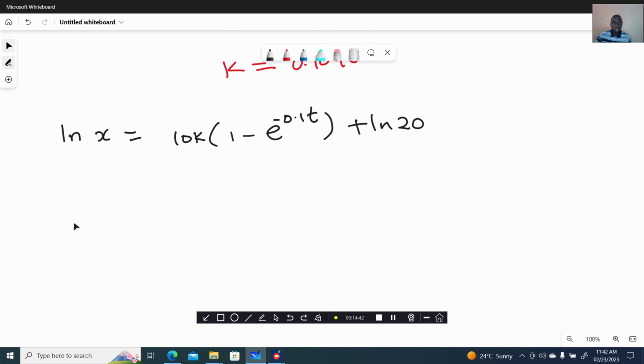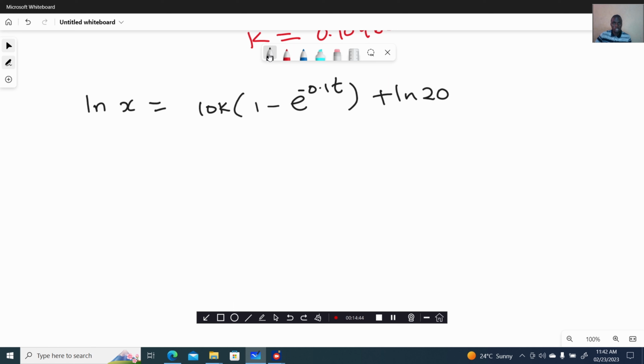Now, what do we have to do with this? We have to make x the subject of the equation, and the only way we can do that is by having e on both sides. So we're going to raise everything to the power of e.